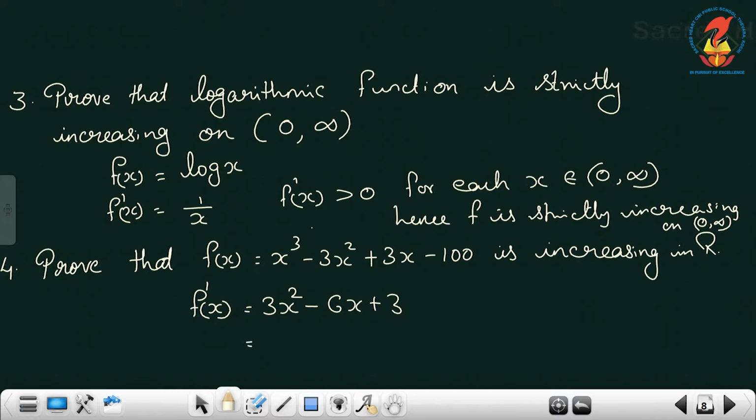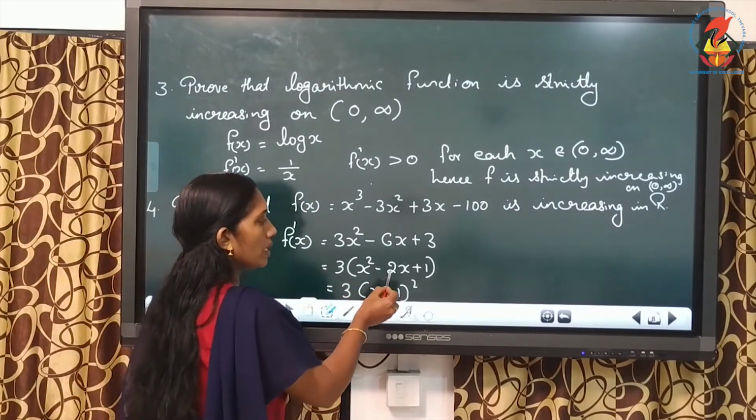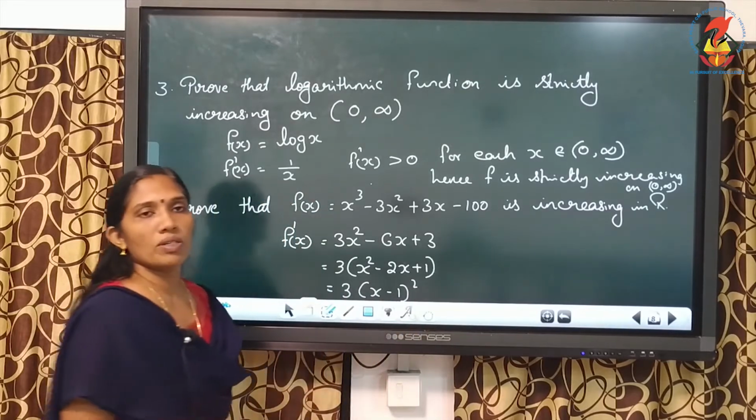Now from this we can take 3 outside. X square minus 2x plus 1 equals 3 into x minus 1 whole square, isn't it? X minus 1 whole square, when we expand, we get x square minus 2x plus 1. Now what about this quantity? Is it a positive number?